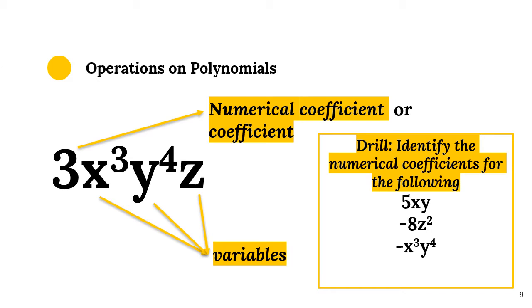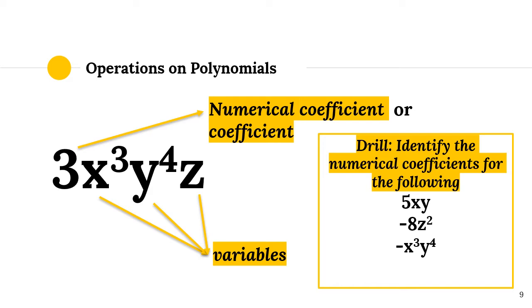Next, negative x cubed y to the 4th. What's the coefficient in here? Pause, answer, and then play if you want to know the correct answer. The hidden coefficient not indicated in front of the x is 1.